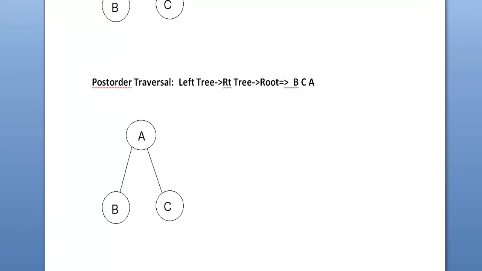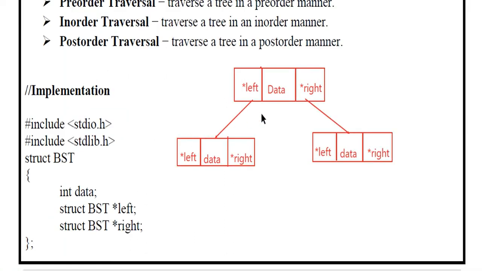So now we move on to the implementation. Each node consists of three parts. One is the data field, another is the link to the left child, and the other is the link to the right child. Here we are using a linked list for the construction of a binary search tree.